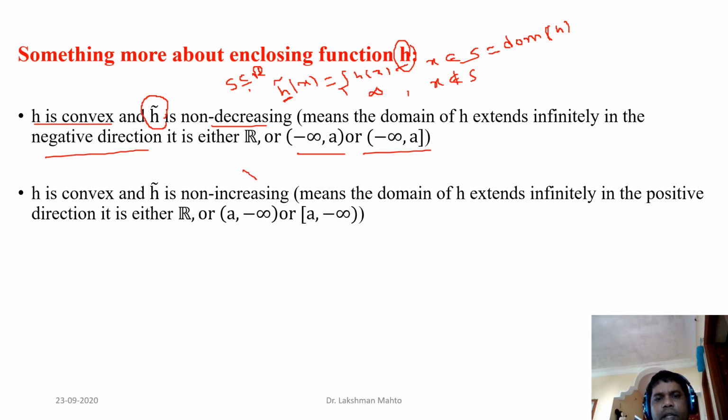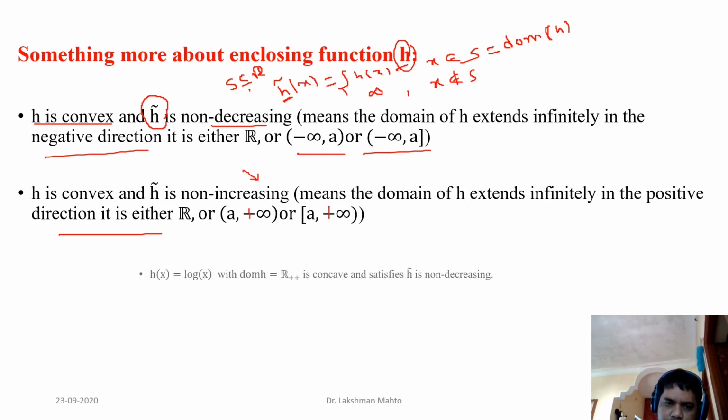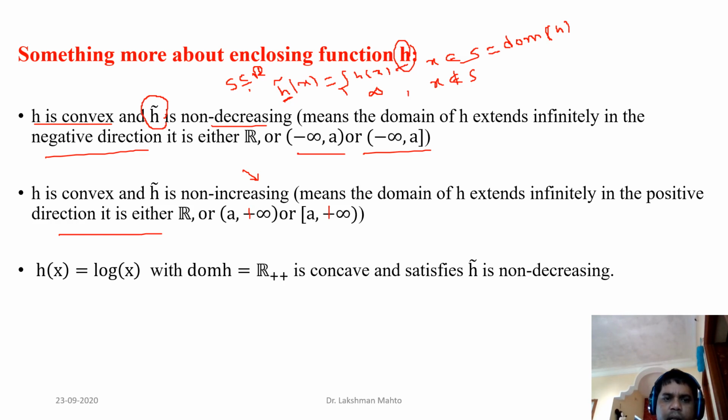Similarly, if H is convex and the extension of H is non-increasing, that is, decreasing, it means the domain of H extends infinitely in the positive direction. So it would be either A to plus infinity, excluding A here, or including A as well.